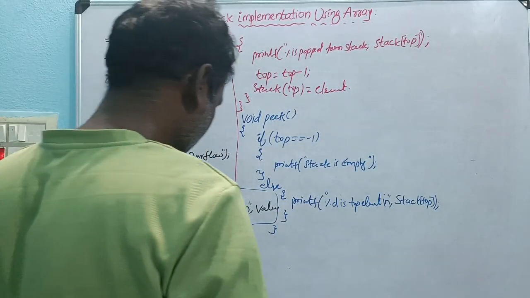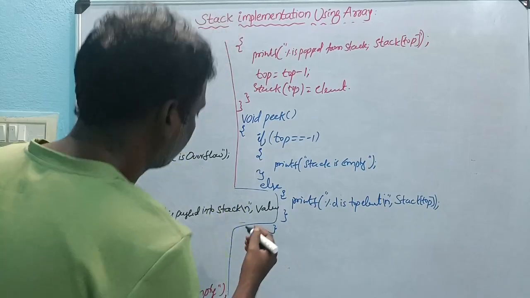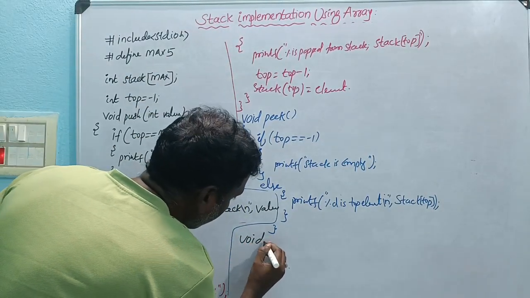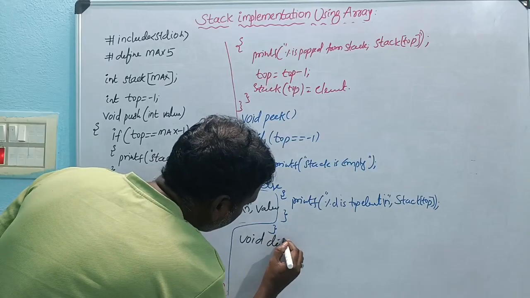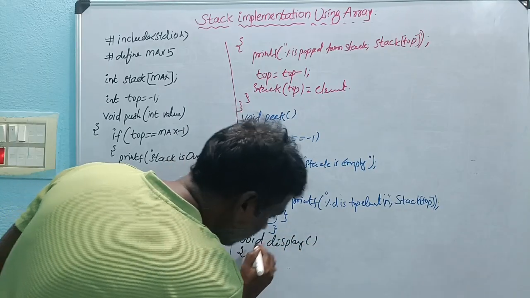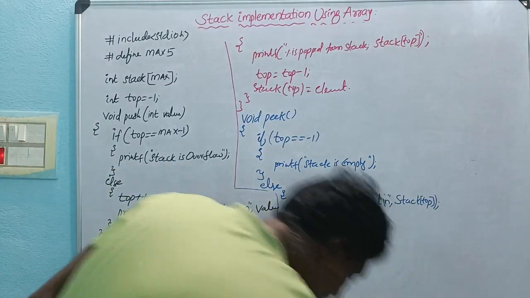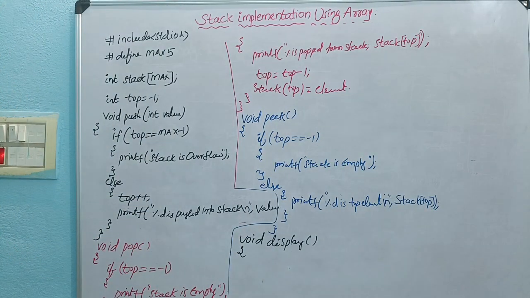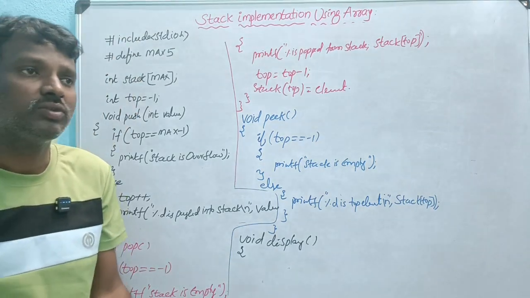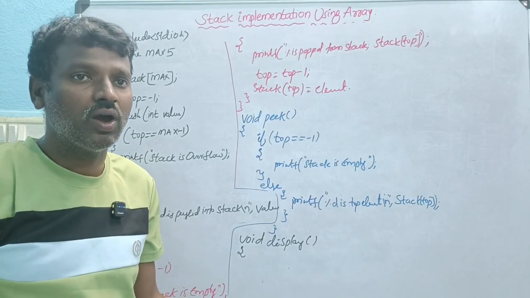Next, void display. Void display method. Here also the same: to display the elements in our stack, first check whether the stack is empty or not.